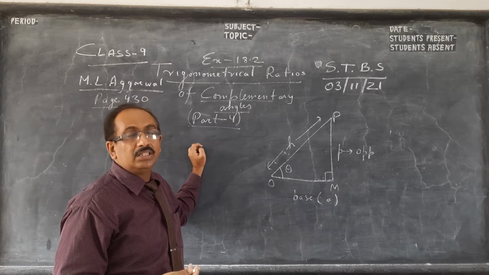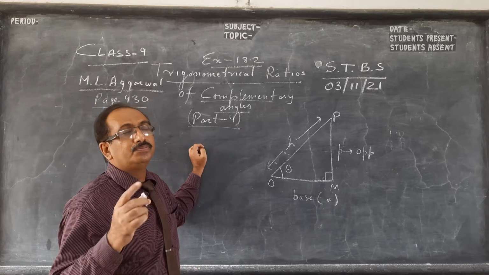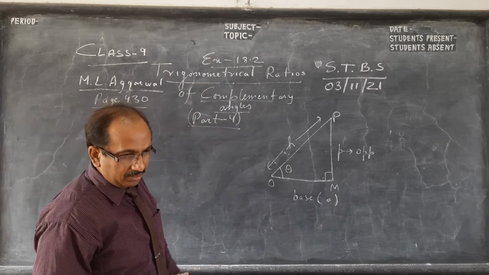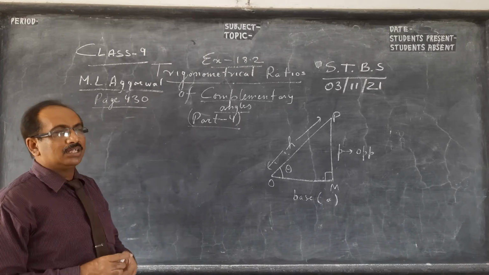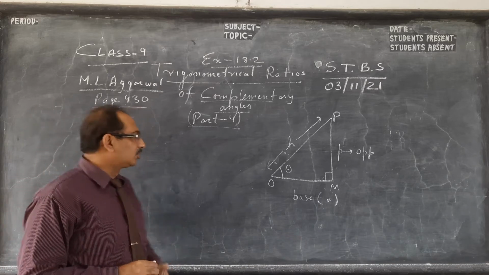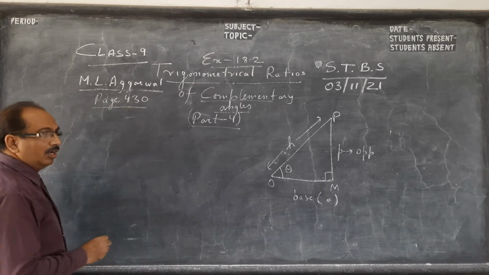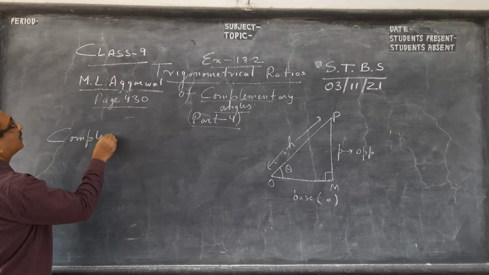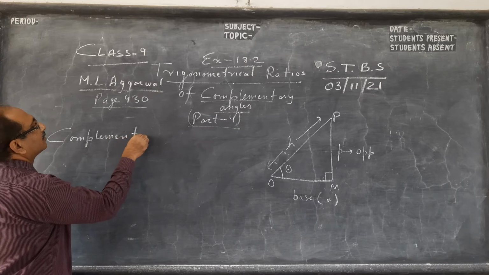Okay, exercise 17, I have made 2-3 videos on trigonometrical ratio, and this is of complementary angle. So before we start, from class 7 or 8, I think this concept comes, called complementary angles and supplementary angles.